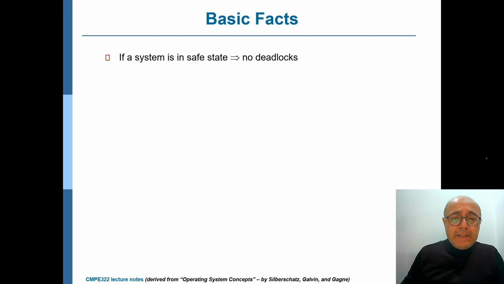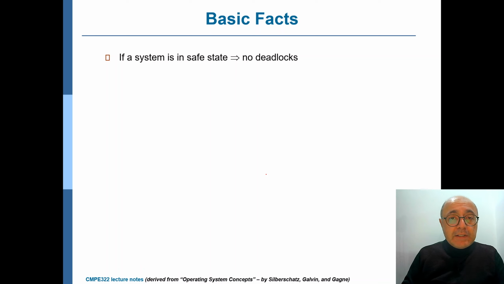So we can say if a system is in a safe state, there is no deadlock because we have found a possible order of completion of the processes. Note that there could be more than one such sequence of process completions in which all processes can complete. We don't care which one is really the reality, in which order the processes will really complete.